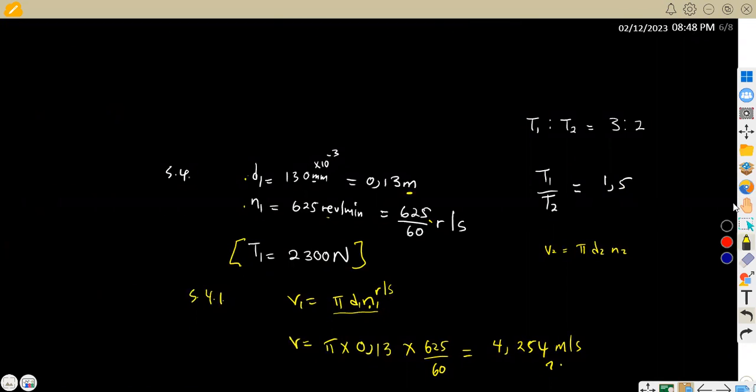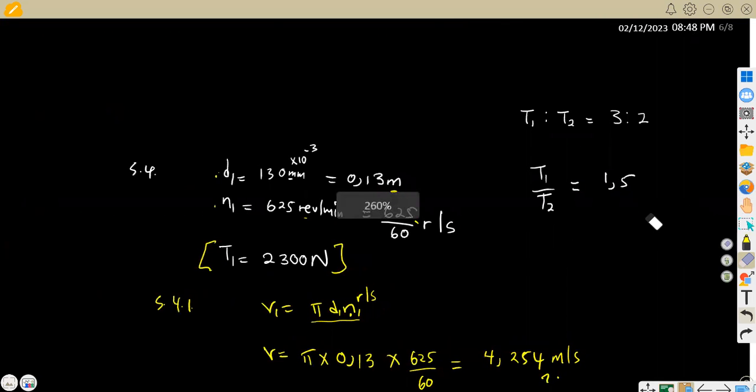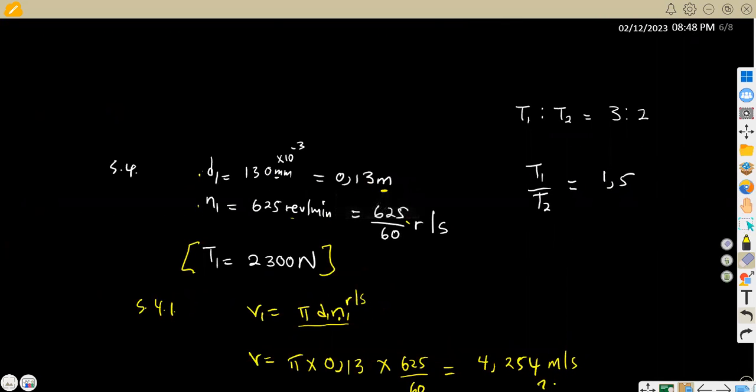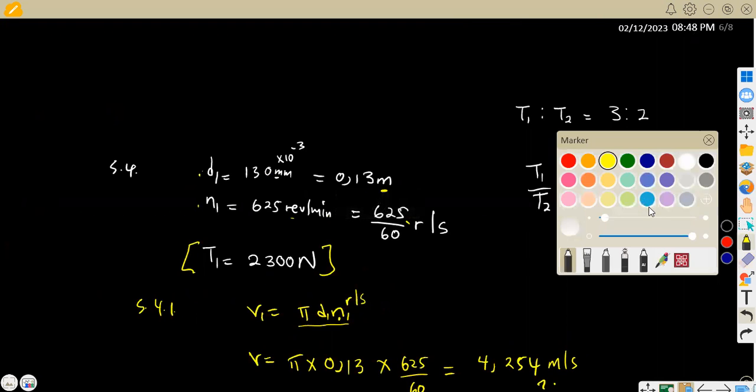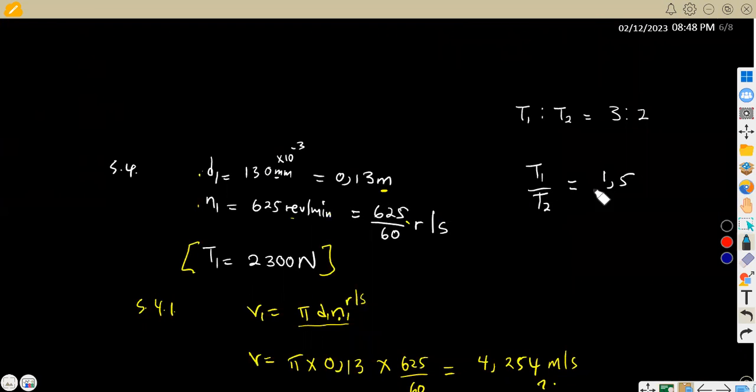not have T2. So to find T2, we are going to use this ratio that we wrote before. Remember, I referred to this ratio when listing the information. Since we are given that T1 over T2 is equal to 1,5, for us to find T2, we can simply work it out as an equation.